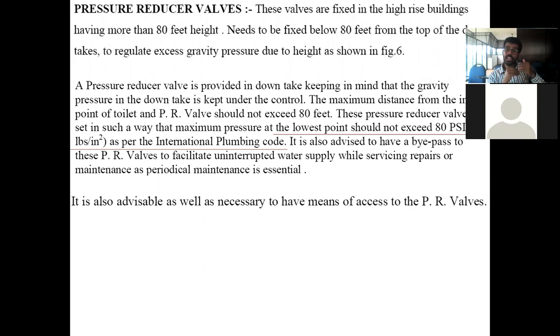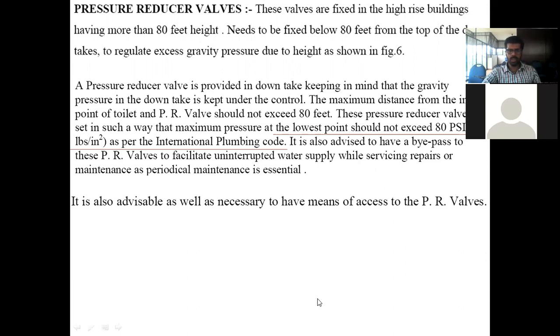So in order to have uninterrupted supply of water, you have to give a bypass line so that the water will not be interrupted. And you have to give an access to the pressure reducer valve. So in case some maintenance happens, we have to access it and maintain it, right? We have to service it, right? So we need an access point to reach there and service it. So I think this pressure reducer valve is pretty clear for you, it seems. Okay, so it's a very easy one.